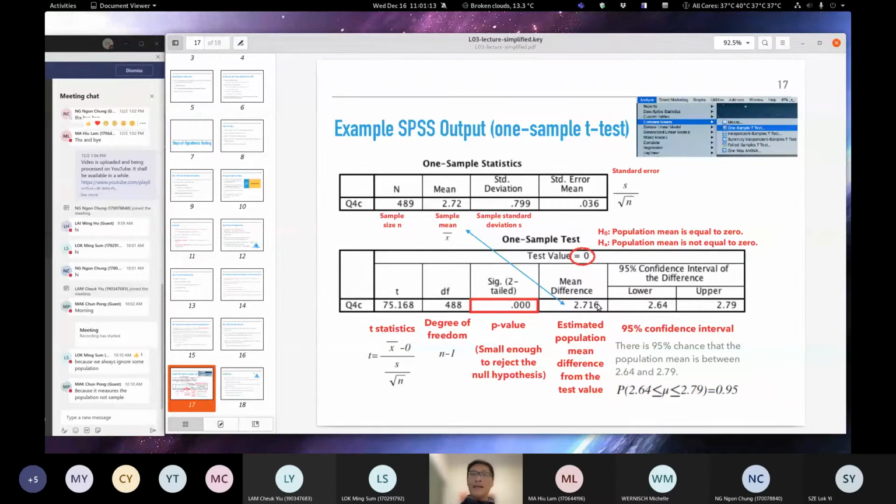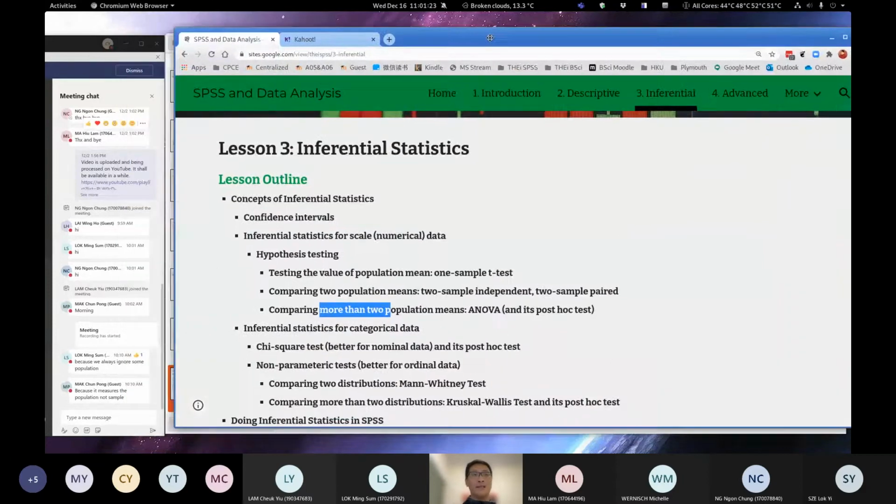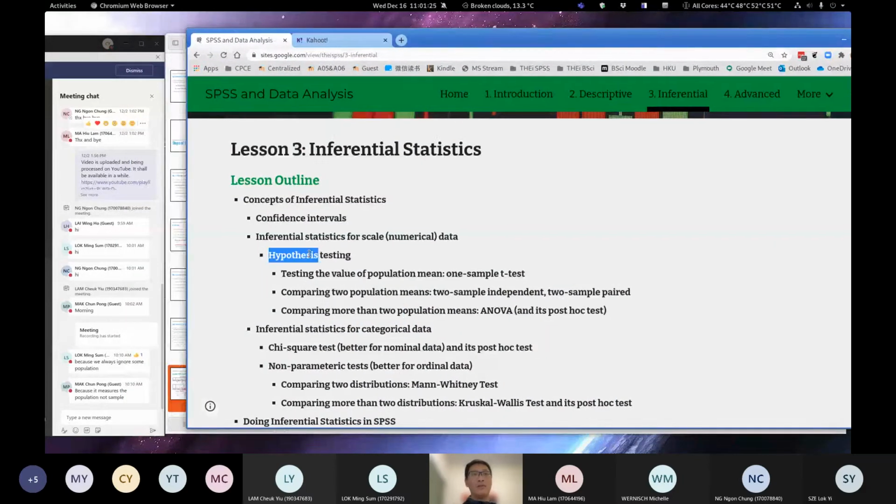But in the beginning, I told you that in inferential statistics, there are 2 ways for you to do it. I have just told you how to do the hypothesis testing, along with the principle behind it. But sometimes you do not want to ask the yes/no question.